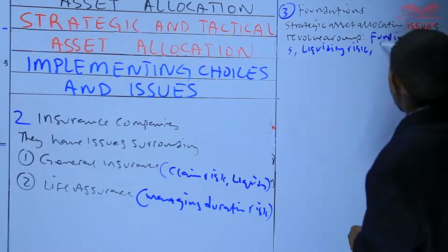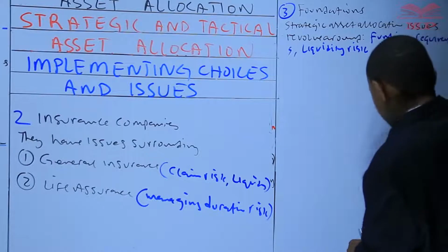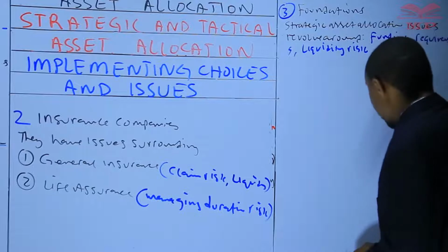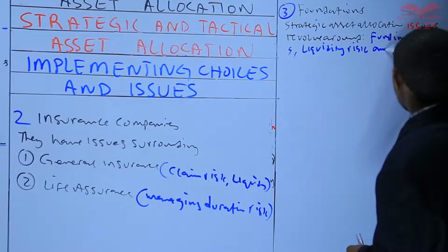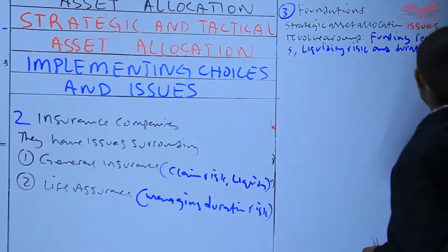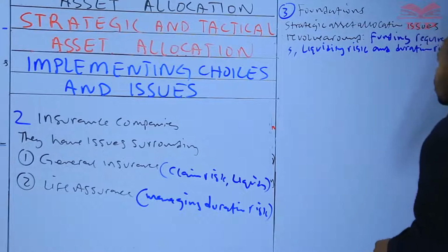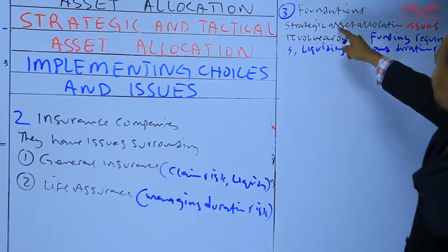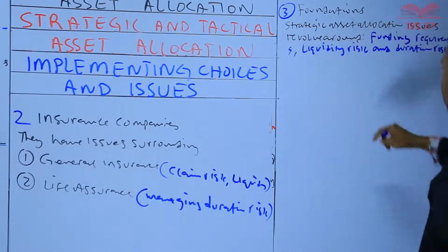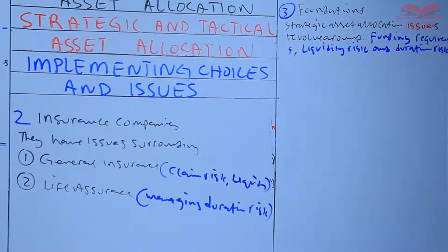Duration risk over here, and duration risk, and duration risk. How long are we going to invest in that foundation? So under foundation, you're saying strategic asset allocation issues revolve around funding requirements, liquidity risk, and duration risk thereon.